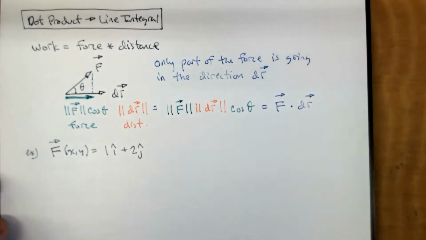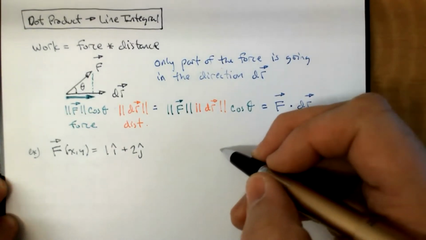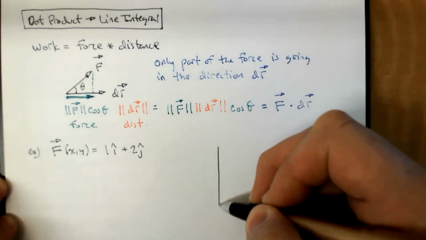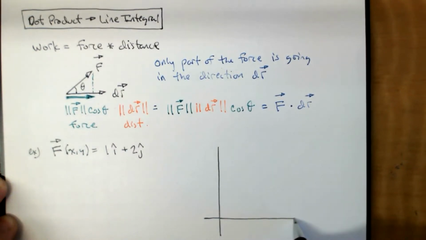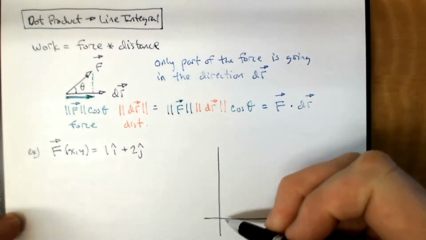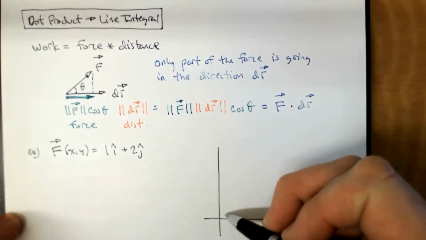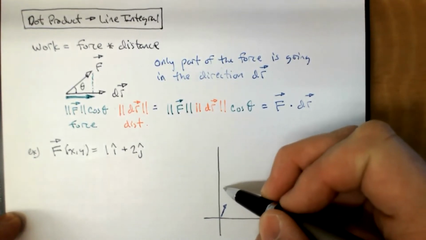So if we think about what this looks like at every point, this vector field is pointing in 1i plus 2j. So this is what the vector field looks like.